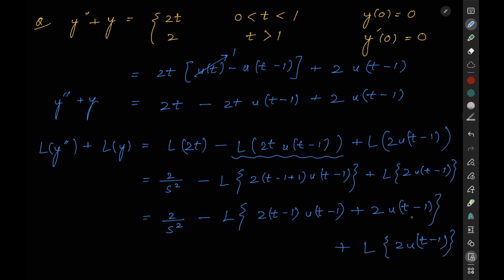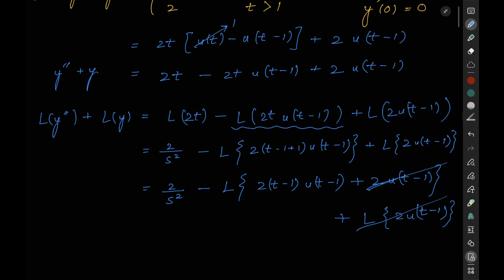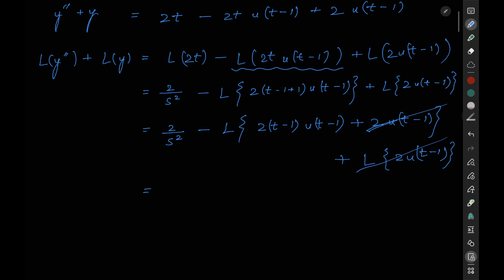Now the Laplace of 2 u(t minus 1) and 2 u(t minus 1) cancel each other. So we will get 2 upon s square minus the Laplace of 2(t minus 1) into u(t minus 1). This will become 2 upon s square minus 2 upon s square into e to the power.